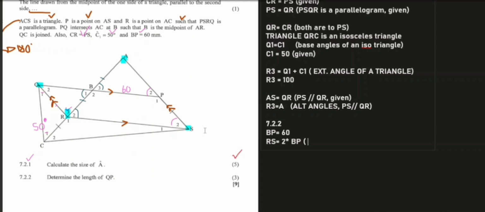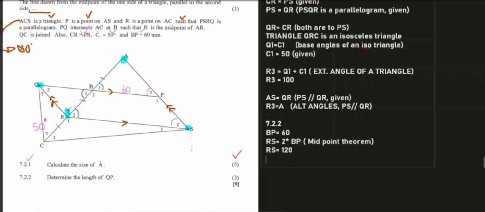Why? Because it is the midpoint theorem. So this means that RS is equal to 120. Therefore, RS is equal to 120 millimeters. We are determining the length.